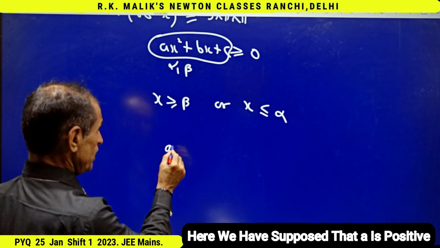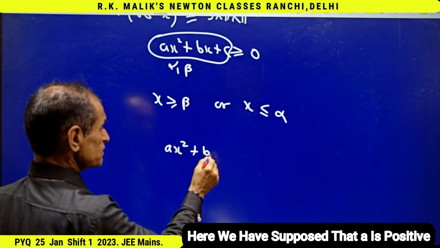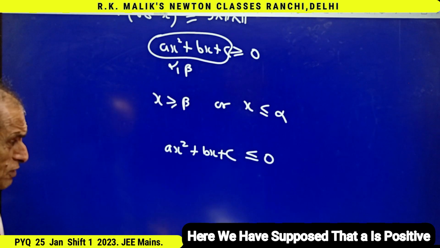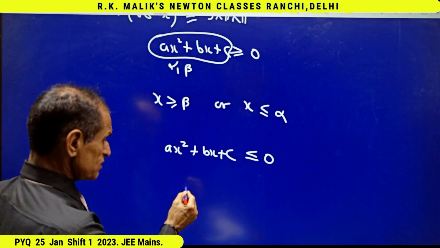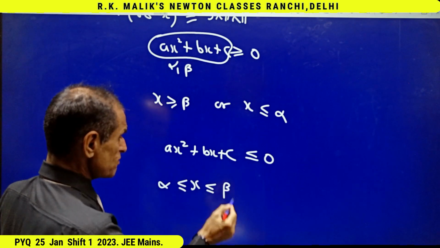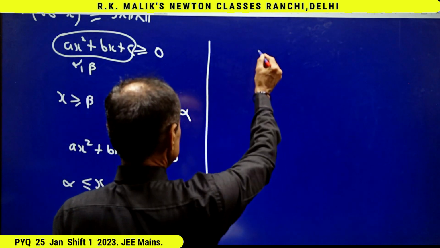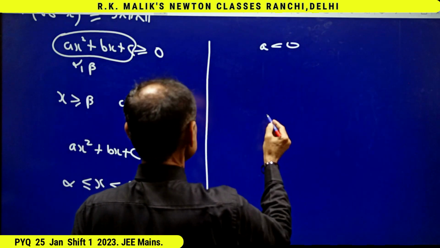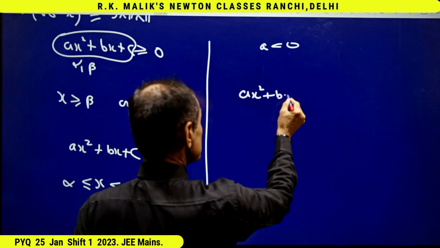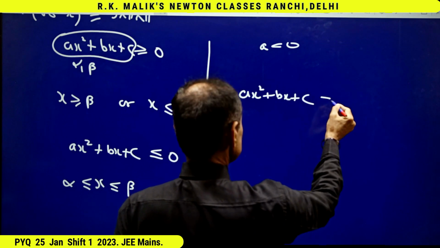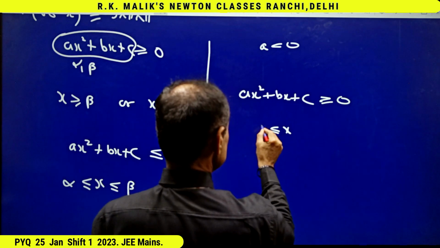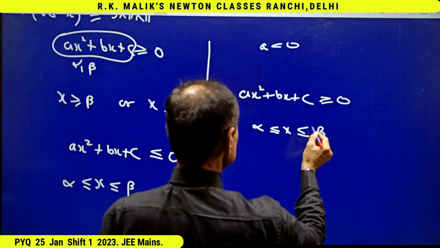In case of ax² + bx + c ≤ 0, supposing a is positive, the conclusion is the value of x lies between the smaller root and the bigger root. Similarly, if a is negative, in those questions ax² + bx + c ≥ 0 means the value of x lies between the smaller root and the bigger root.